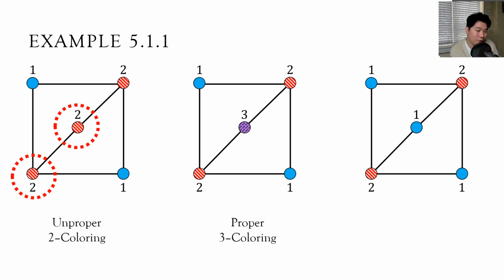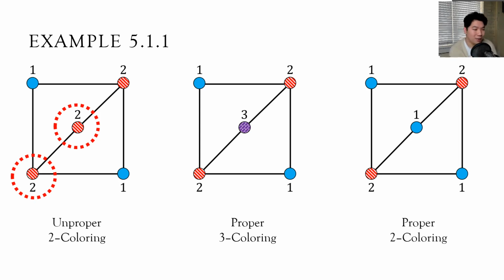So here I have a proper 3 coloring, but I can also do a little bit better than a 3 coloring. If I look on the graph on the far right over here, I use only 2 colors, so I know I am a 2 coloring, but am I a proper 2 coloring? So again, we can very quickly verify that whatever pair of vertices I look at, they have a different color.